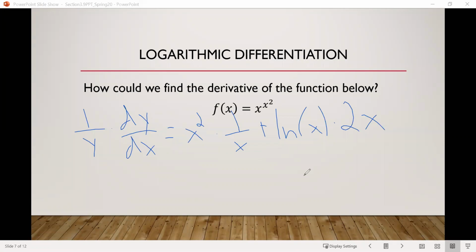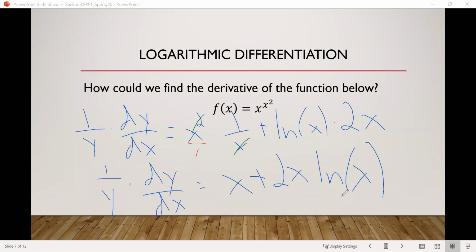Notice that we could write the x squared as x squared over 1. We have an x down in the denominator here, so I can cancel out one of the x's there. We can rewrite the second term on the right as well. So this becomes 1 over y times dy dx equals x plus 2x times ln of x.